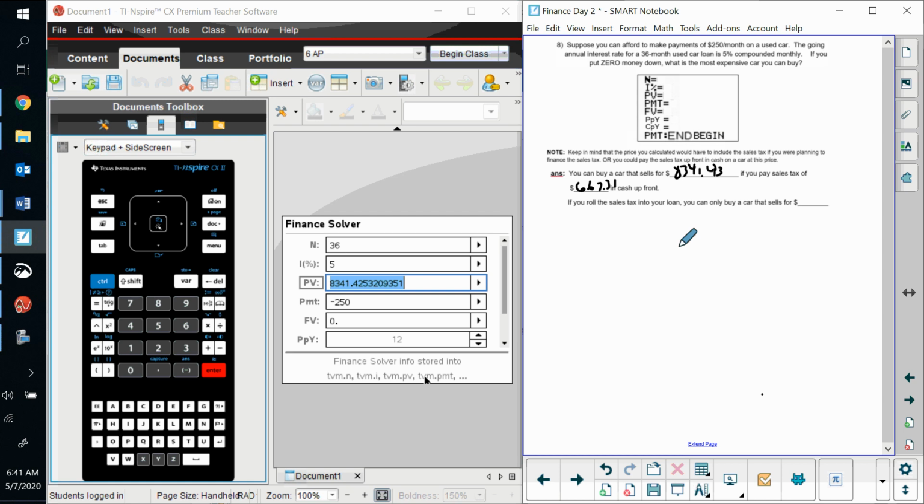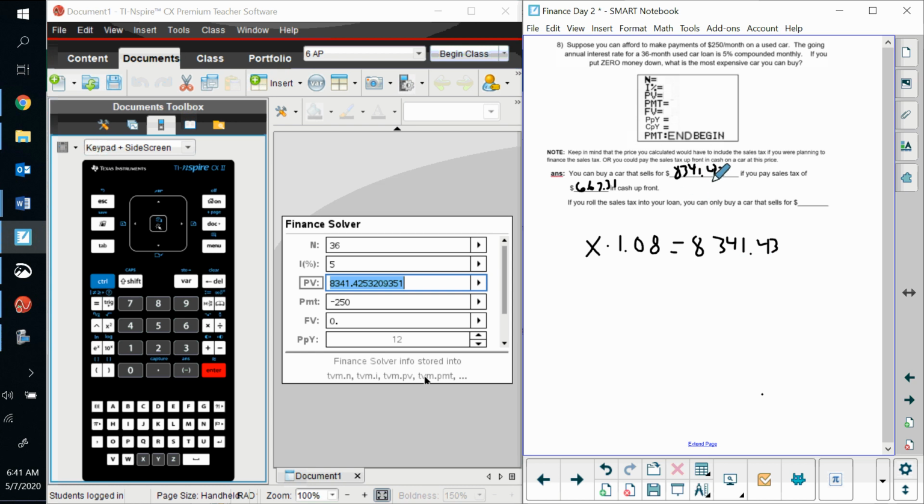So we can maybe think, okay, what is the amount after sales tax that will match that most expensive? So we want to know what original amount times 1.08, so including the taxes, will end up giving us that 8,341.43. Think of it as our top dollar that we can pay, including sales tax and everything.